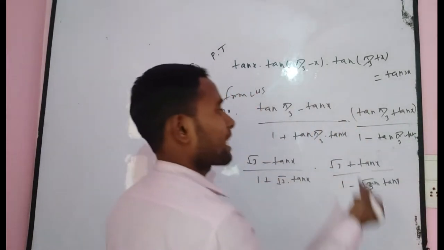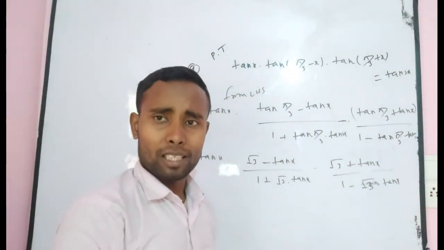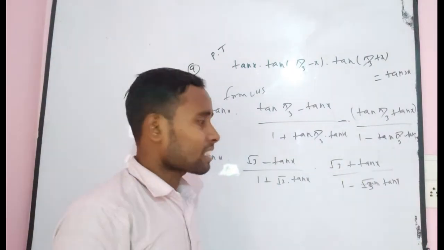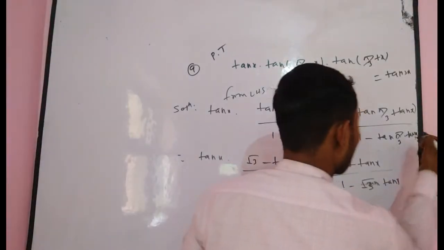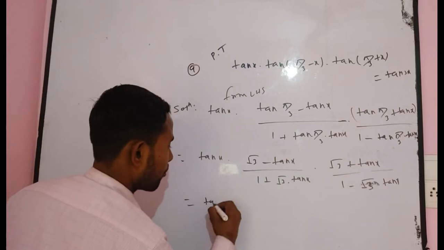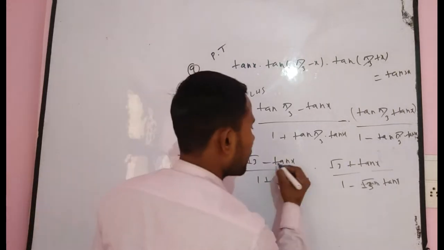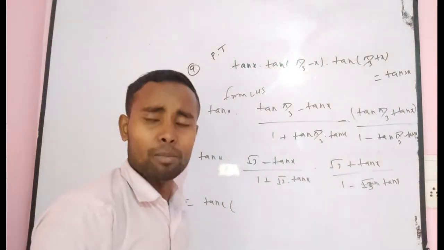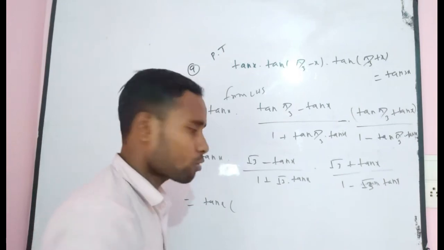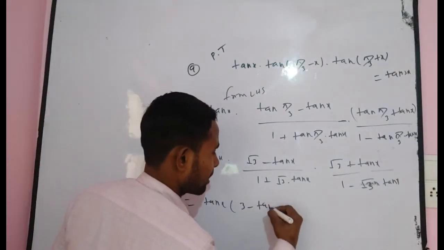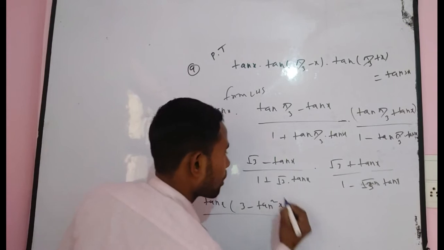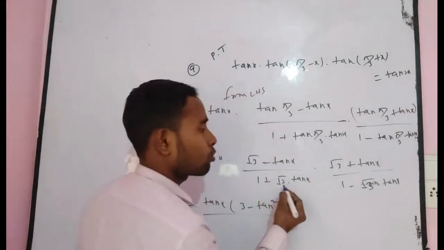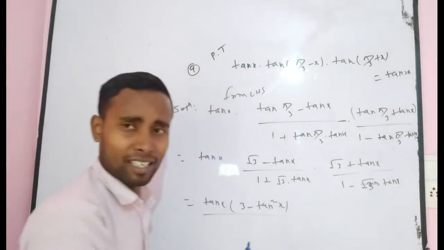Simply I have written here the value of tan pi by 3, that will be root 3, and tan x is just tan x. Now you have to simply manipulate, then you get root 3 minus tan x into root 3 plus tan x, that means a plus b into a minus b, that means a square minus b square, that means 3 minus tan square x. Very simple. Divided by 1 plus root 3 tan x into 1 minus root 3 tan x.